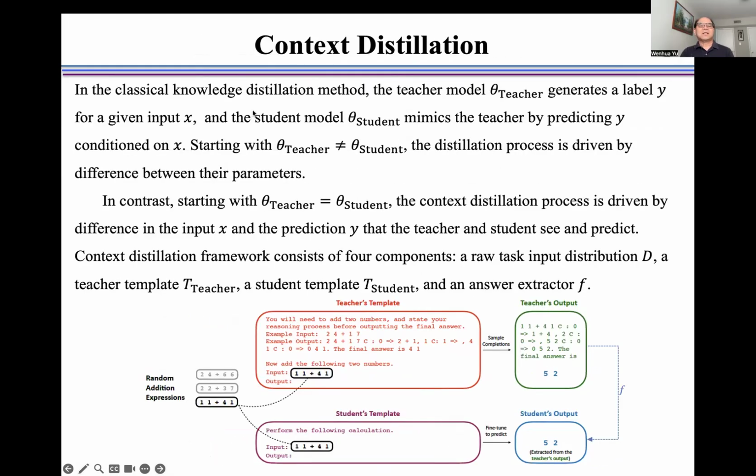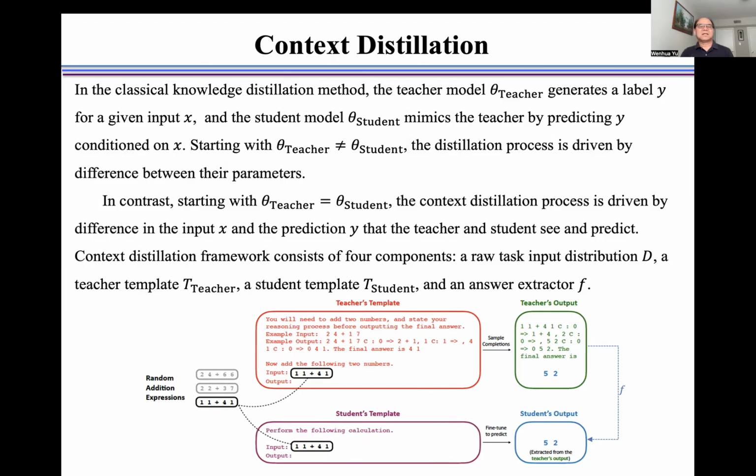In the classical knowledge distillation method, the teacher model generates a label Y for a given input X, and the student model mimics the teacher by predicting Y conditioned on X. Starting with theta teacher not equal to theta student, the distillation process is driven by the difference between their parameters.